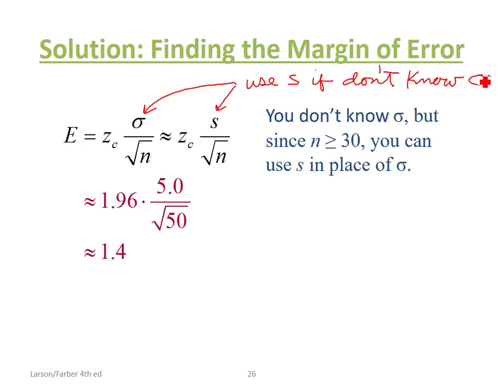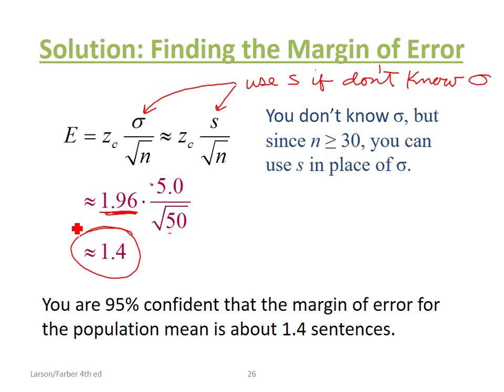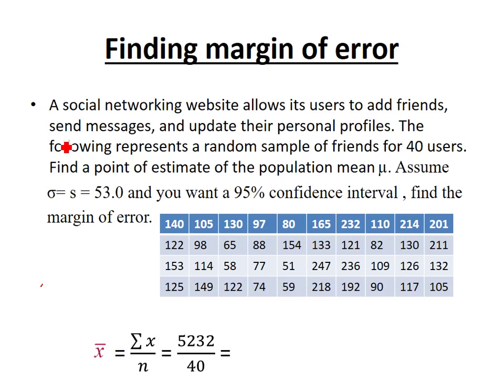You don't know this population standard deviation, then you just use S. We come up with 1.4 when we do all that math. Remember, this is our critical value. That's our z-score. Standard deviation of the population. That's N. So we're 95% confident that the margin of error is about 1.4. So that's our margin of error.